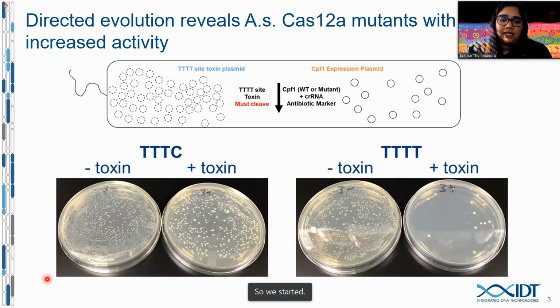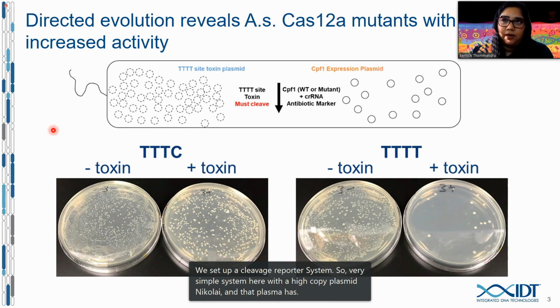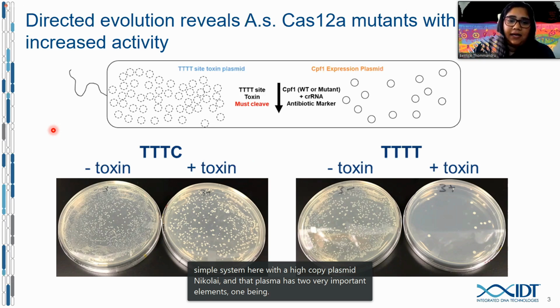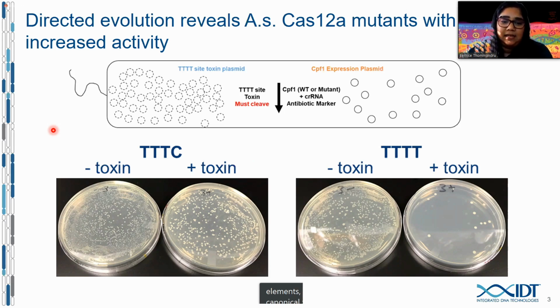So we started with directed evolution. We set up a cleavage reporter system. So a very simple system here with a high copy plasmid in E. coli. And that plasmid has two very important elements, one being a target site for either a canonical TTTC PAM or the less efficiently cleaved TTTT.